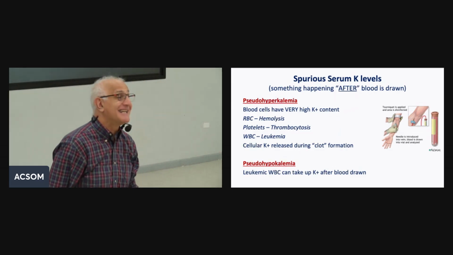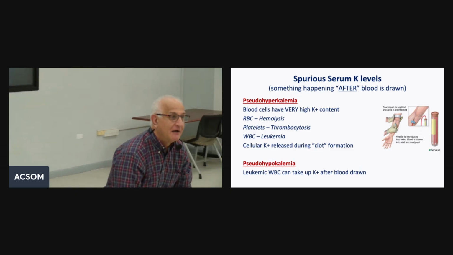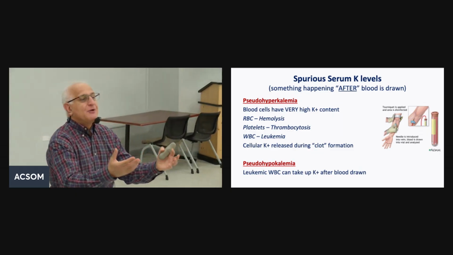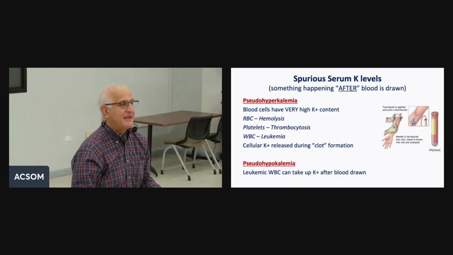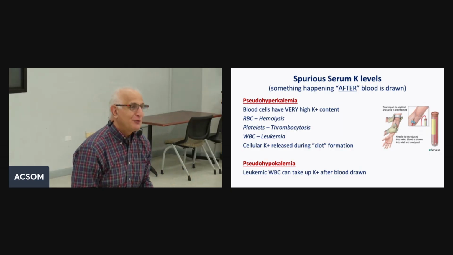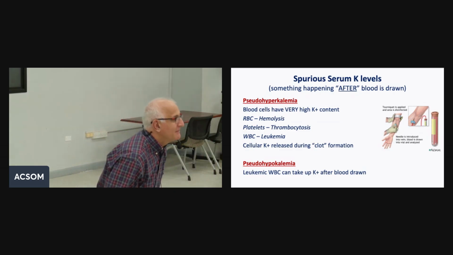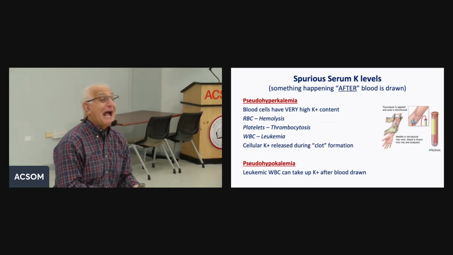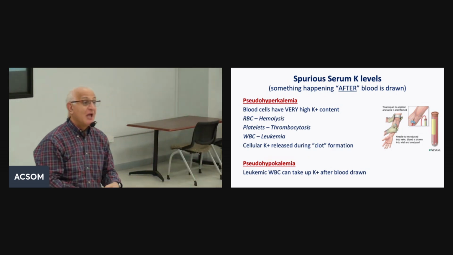It definitely is. So do you think somebody who has leukemia, whose WBC is 800,000 instead of 8,000, is prone to have pseudo hyperkalemia or not? It happens so often. Even the oncologists themselves know it.